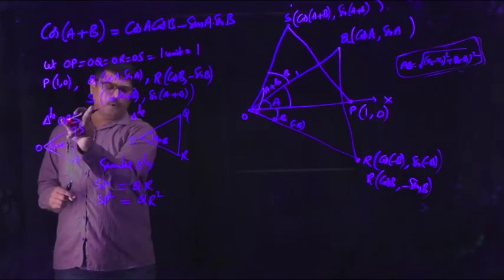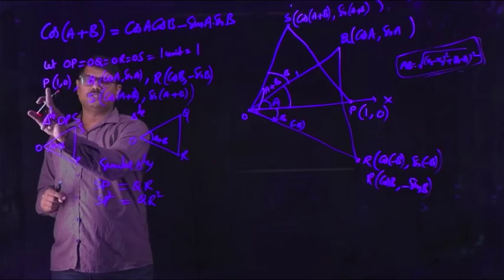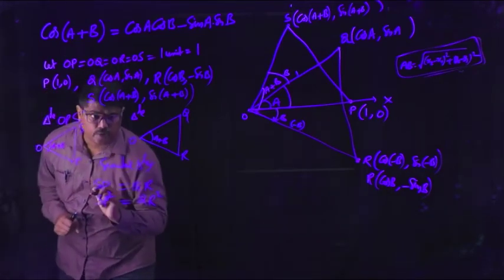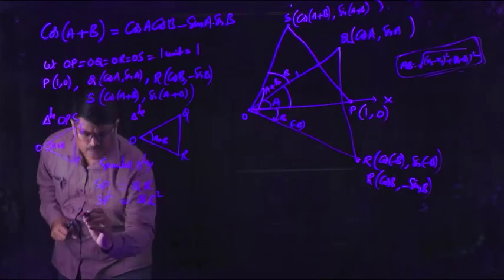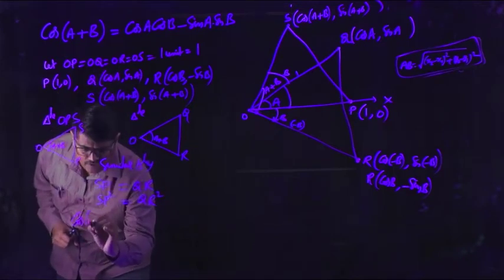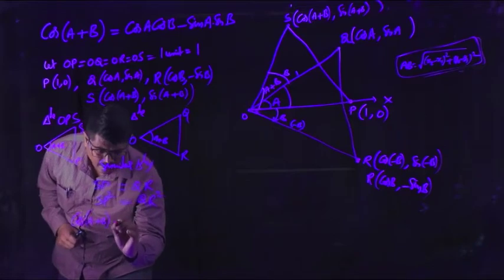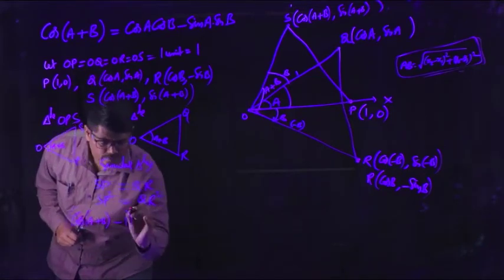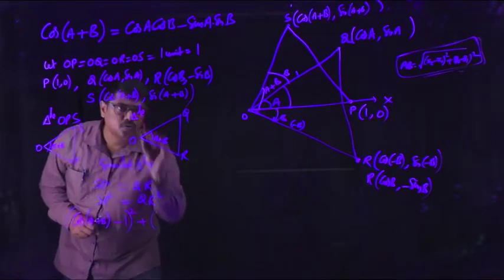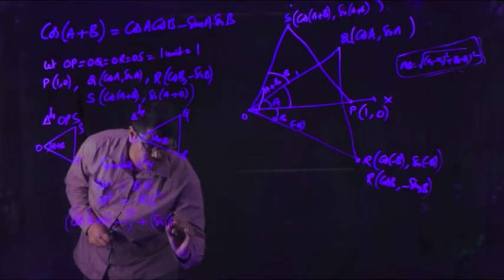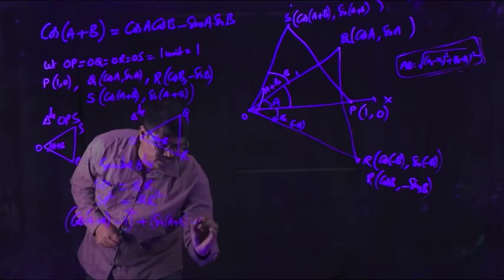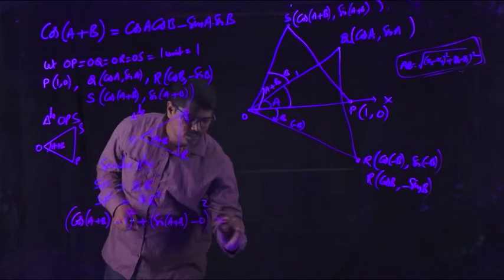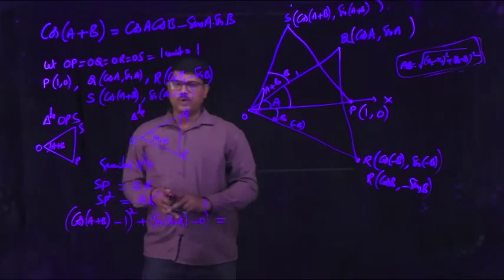Now we have the point S and we have the point P also. Now what is its distance SP? I am not mentioning the square root because we already considered the square. So it will become cos of A plus B minus 1, whole square, plus sin of A plus B minus 0, whole square, where 0 is the second coordinate of P. Equal to, now what is QR?